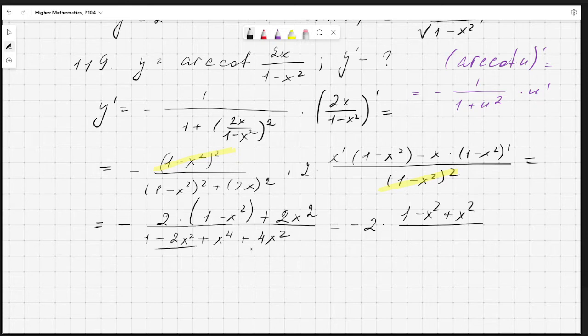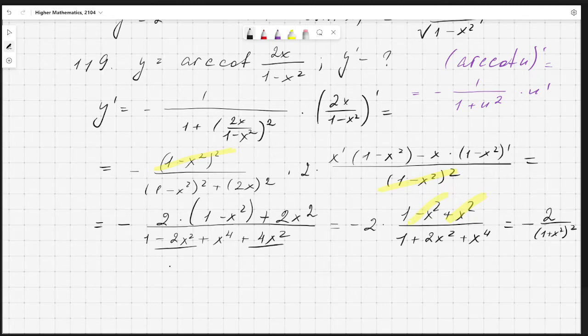Here 1 plus 2x squared plus x to the power of 4. In numerator we can take x squared out, delete it, and here we have full squared 1 plus x squared squared. And we have 2 over 1 plus x squared squared.